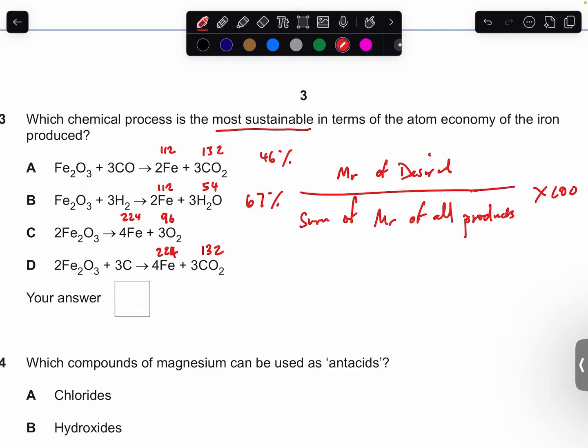We got 224. Remember, the iron is our desired product. 224 divided by 224 plus 96, times 100. We got 70% here. And the last one, 224 divided by 224 plus 132, times 100. The last one is 63%. So the answer will be C.